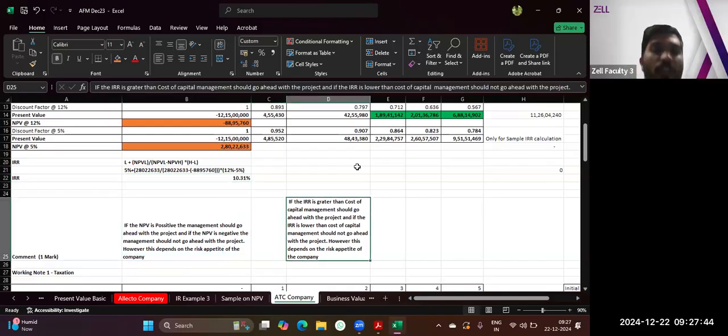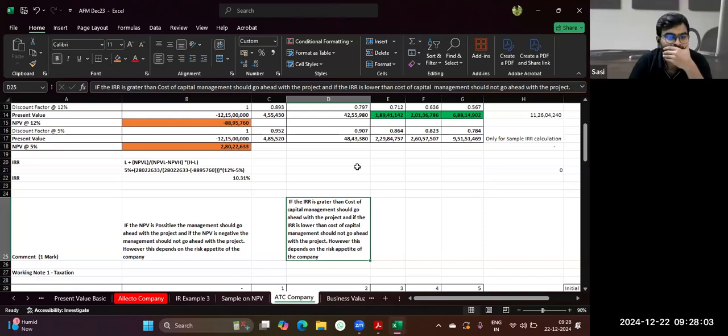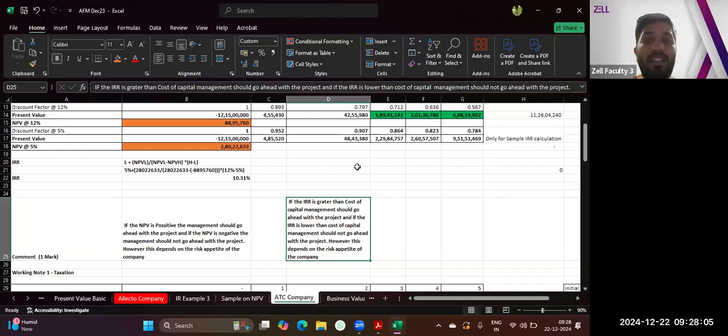Now, since you are doing IRR and all, obviously you'll have to comment on IRR as well. Any financial model, you are expected to give a decision as well, right? So how will you write your decision in this case?